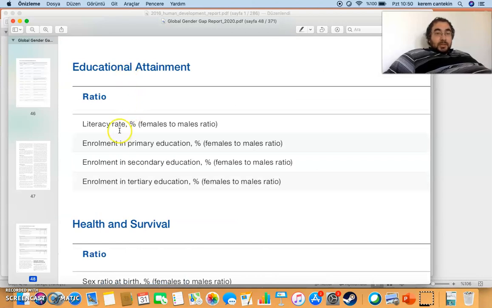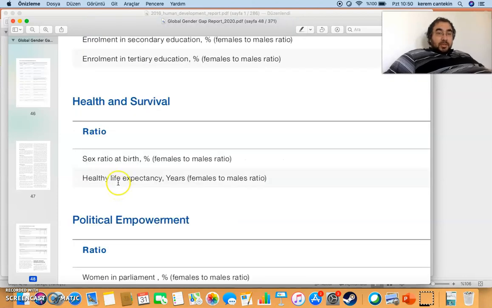Education attainment: literacy rate, enrollment in primary, secondary, and tertiary education. Health and survival: sex ratio at birth, females to males.